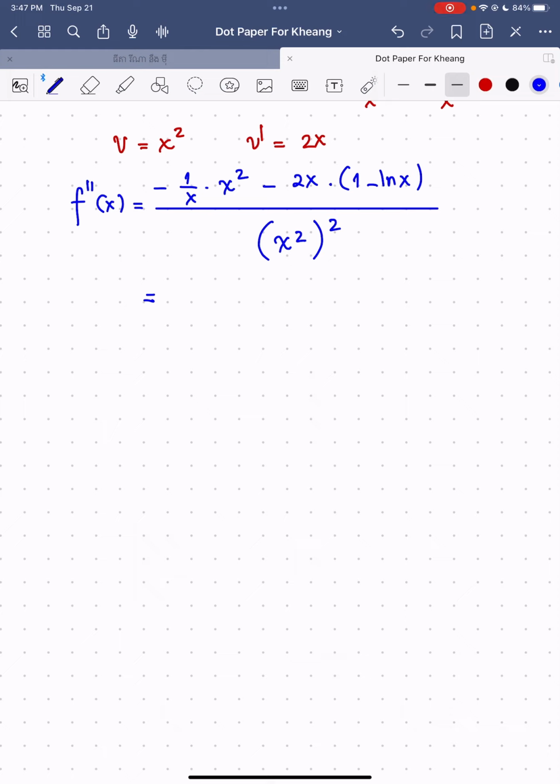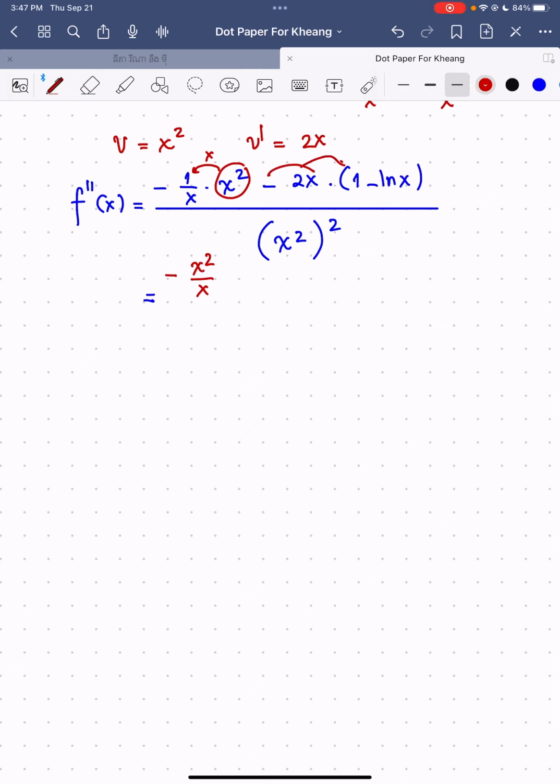Here we can just keep negative x squared over x, because it multiplies the denominator. Both of them can be simplified, and you will wonder why x squared is the denominator: because x squared here has 1 as denominator. That is why I say it like that. And then minus 2x times 1 minus ln x.